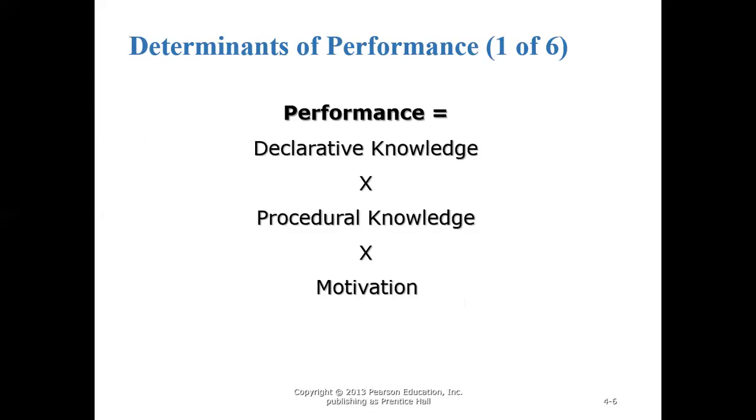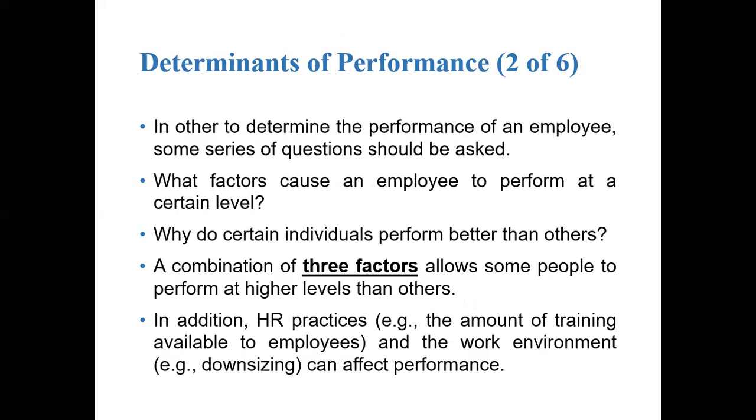Now, determinants of performance. Performance has to do with what we have: the declarative knowledge, procedural knowledge, and motivation. These come together to form performance, or they are the ones that influence performance. Now, in order to determine the performance of an employee, some series of questions should be asked.